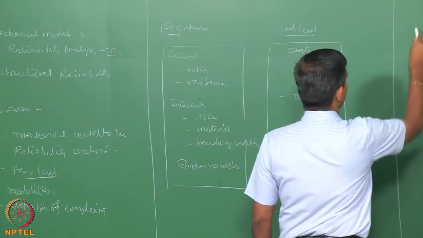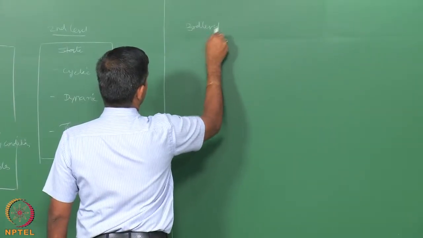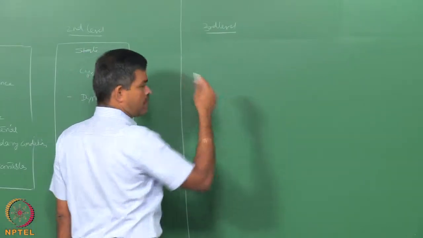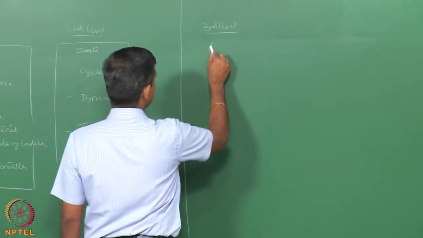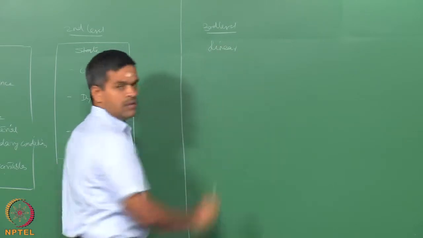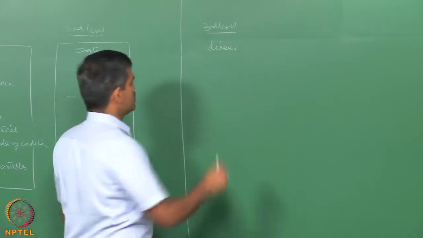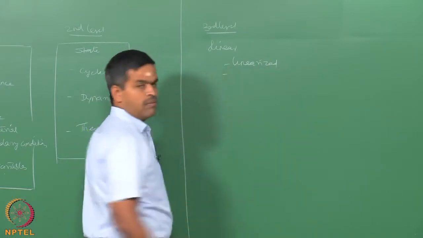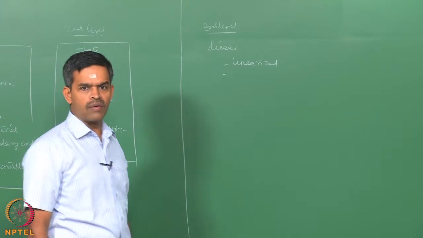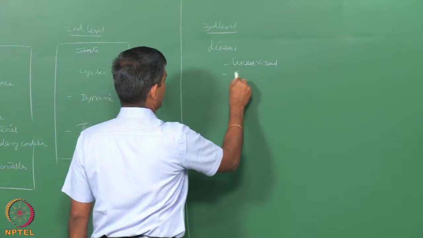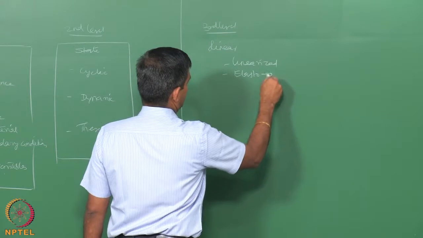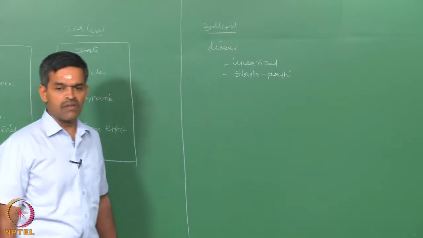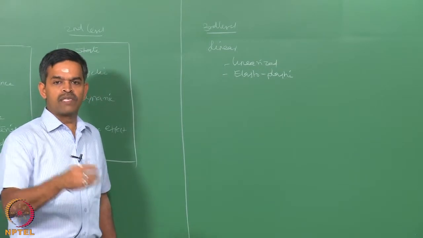The third level of complexity essentially comes from the method of analysis or method of modeling. Let us say linear, you can look for a linearized modular assumption, you can also look for elastoplastic material characteristics. It means you can attempt to estimate the resistance characteristics of the material or the member at the elastoplastic stage.